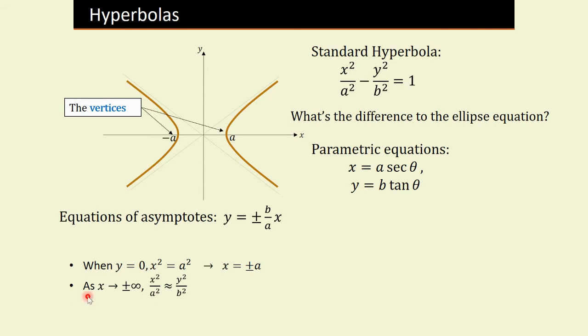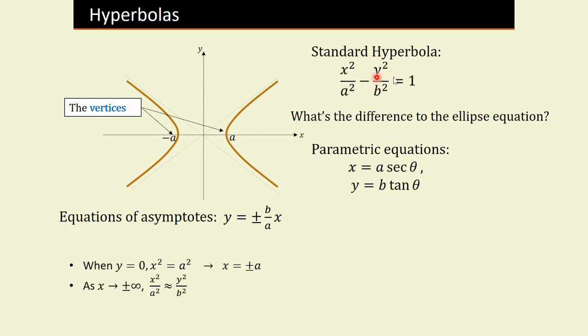That's fine. With the asymptotes, if we think about x tending to infinity, so x gets really, really big, then y is getting really big as well. It's going to go the same way, because we've got this expression here that we could rearrange and say that y squared over b squared is x squared over a squared minus 1. That 1 becomes less and less significant as x gets bigger and bigger.